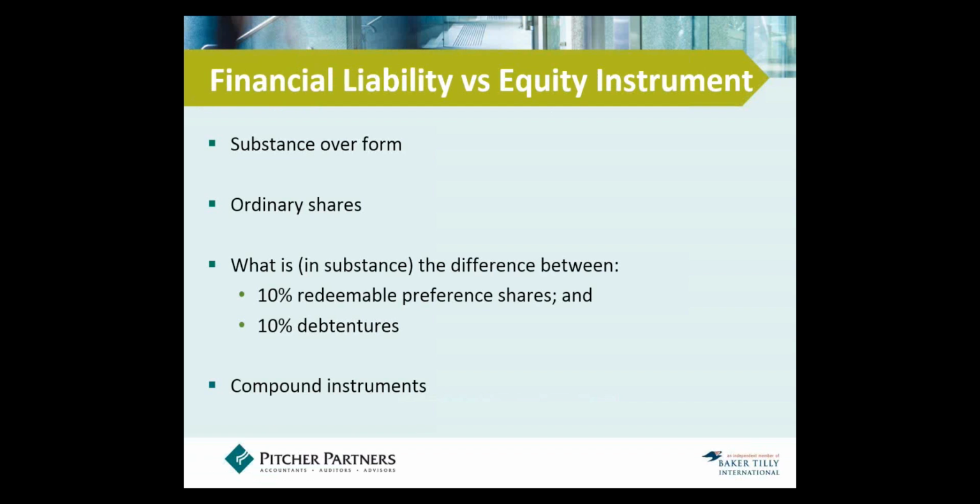I think my final comment on this, I just wanted to flag this as a potential area of interest, and that you have to be very careful about this, is that if you've classified, for instance, a 10% redeemable preference share, you've looked at it and you said substance, it's a financial liability.